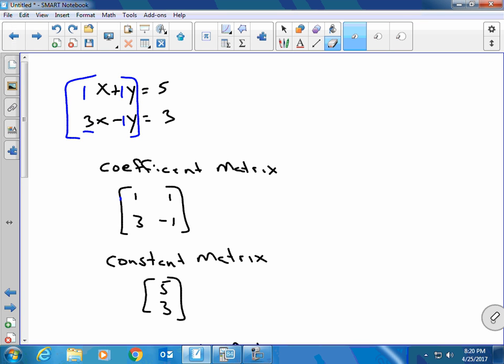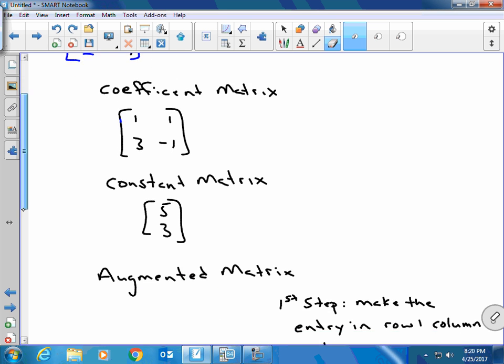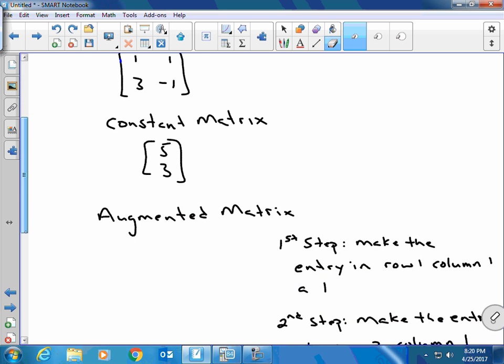Next thing, on the right-hand side, there's no variables hooked to those numbers, so they're called constants. They can't change. And so I make a matrix out of those constants. And finally, I make an augmented matrix by putting them together. So I take the 1, 1 coefficient matrix, 3, -1, and draw a line down here representing kind of like the equal sign.